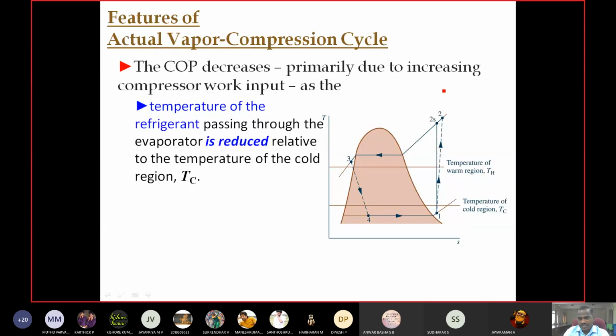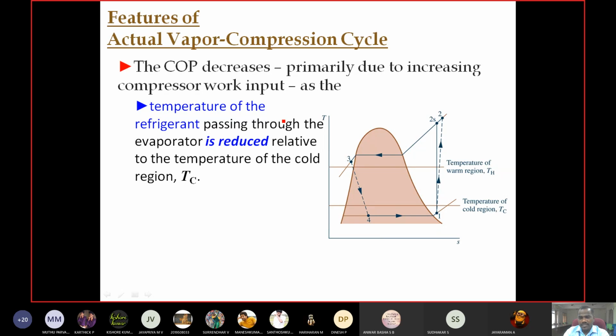Right. So we are transferring heat from the temperature of the cold region to the temperature of the warm region. So this will decrease the COP of our refrigerator.